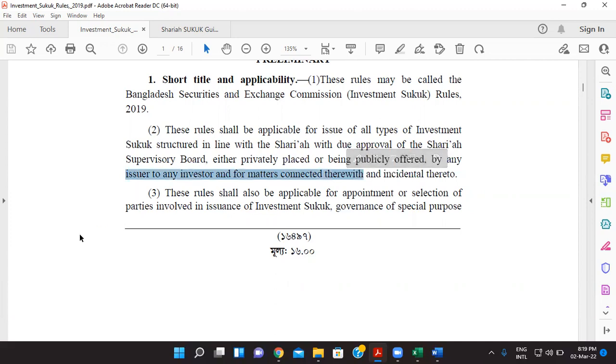And we'll talk about it in detail, for what purposes and who are the issuers who will be working for issuance of this security. And these rules shall also be applicable for the appointment and selection of parties involved in the issuance of investment sukuk. So when you will be issuing sukuk, you will have to appoint a number of parties who will be working for different purposes, and how you will appoint them should be guided by these rules.